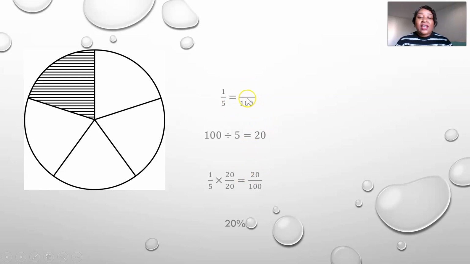In other words, you can simply divide 100 by 5. Because 5 is a factor of 100, it is easy to find the percentage by dividing 100 by 5. But in the next one, we're going to see that it's not the same for other numbers that are not factors of 100.